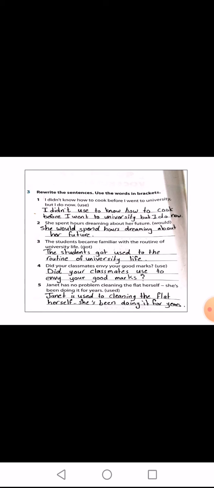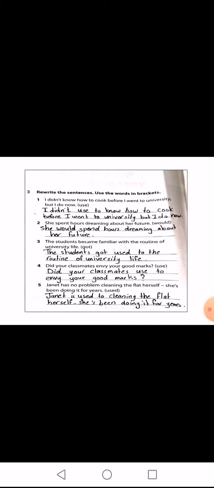Now move to your workbook on page 12. Exercise number 3. Rewrite the sentence using the words in the brackets. I didn't know how to cook before I went to the university, but now I do.